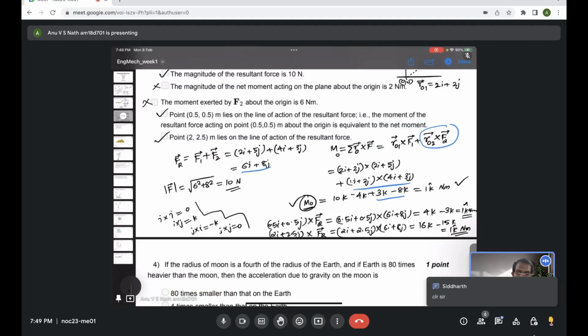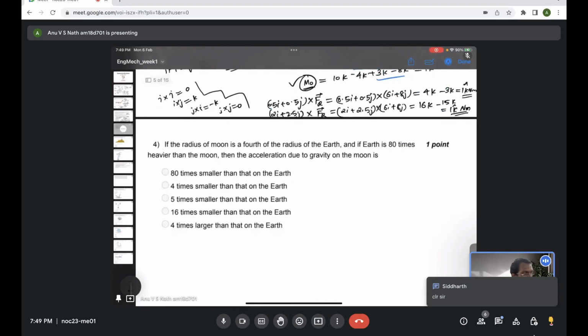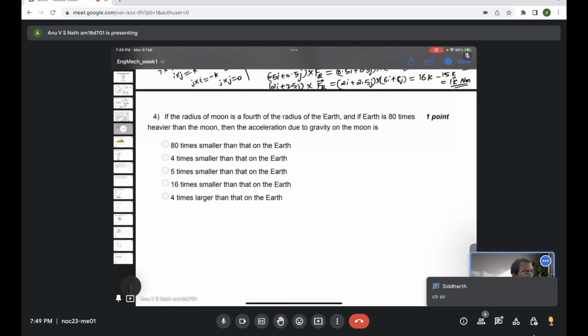Okay, if not, we'll move to the next question. If the radius of the moon is one fourth of the radius of the earth, and if the earth is 80 times heavier than the moon, the acceleration due to gravity on the moon is, and we have 5 options given.